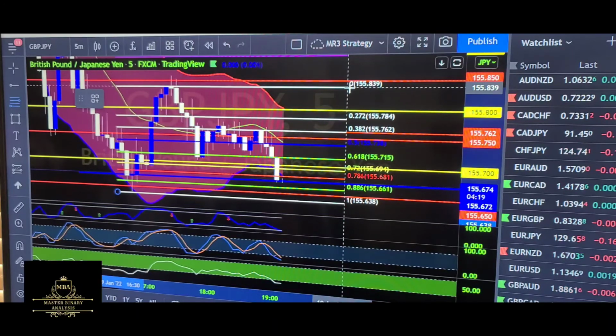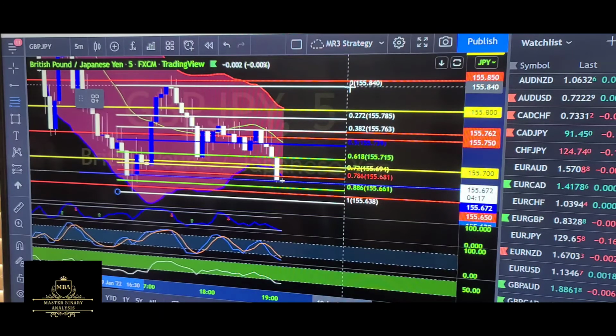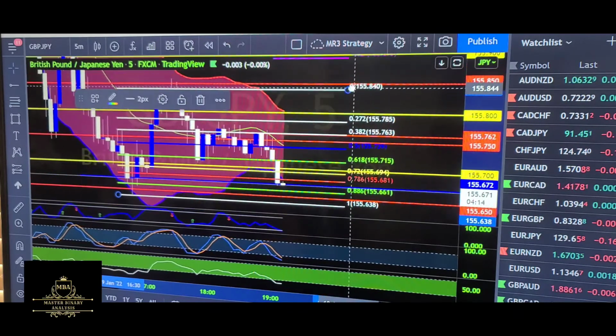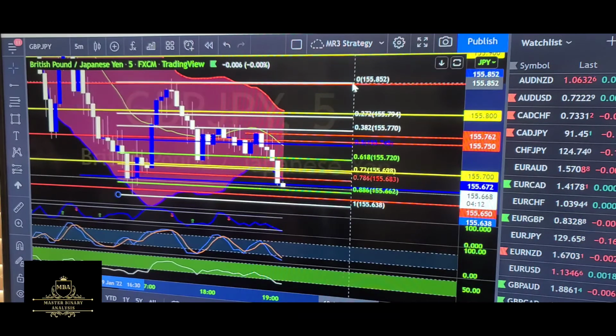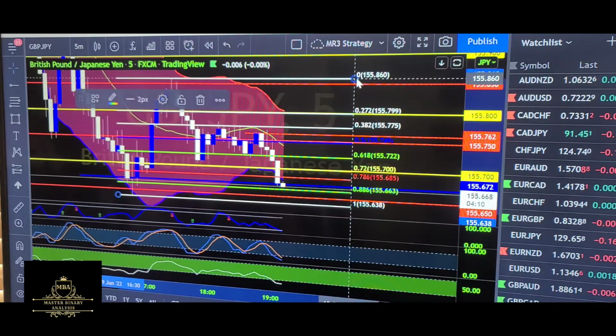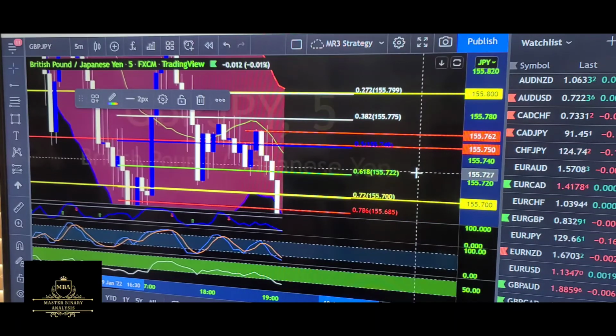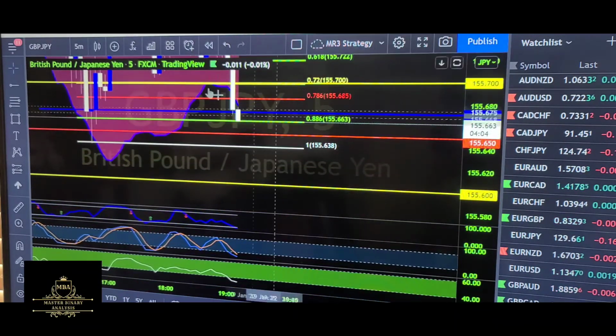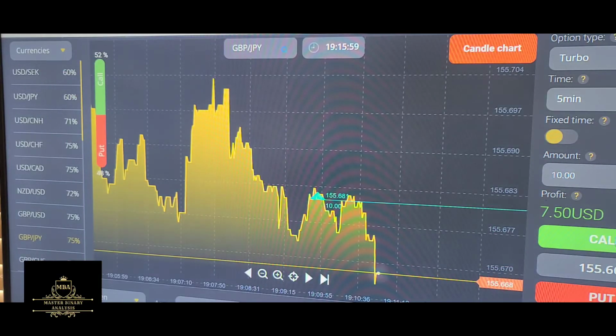So is there a chance that it's going to go up? I believe so. I really do believe it's going to go up. It might go to 663. Okay, so I want to take one right there for 5 minutes.